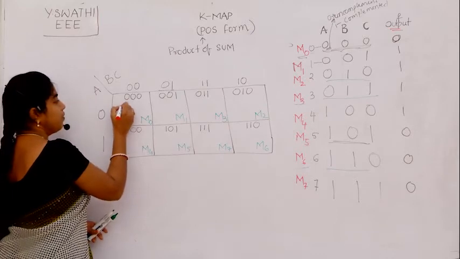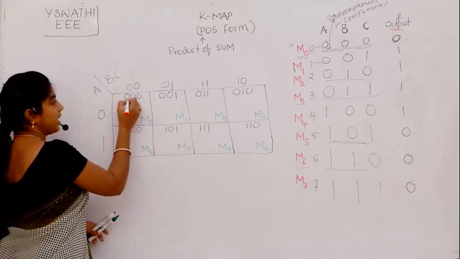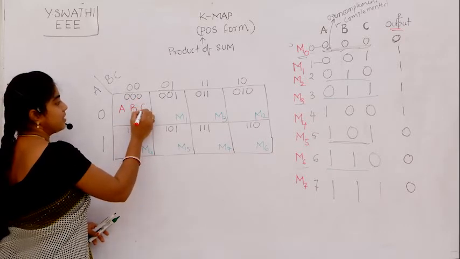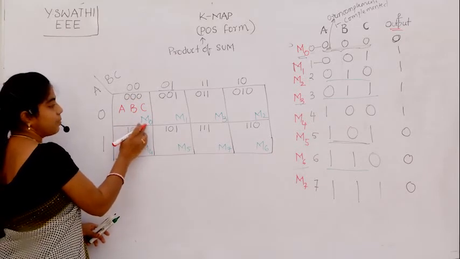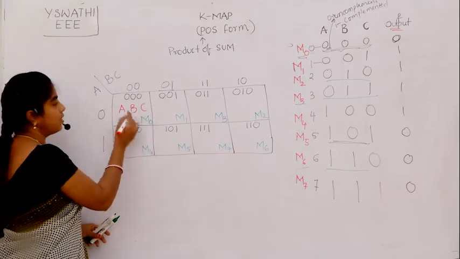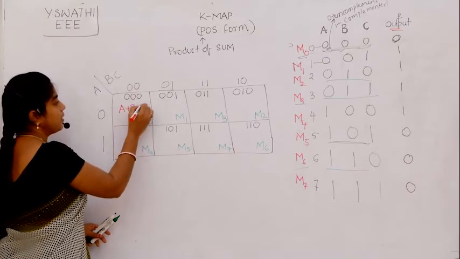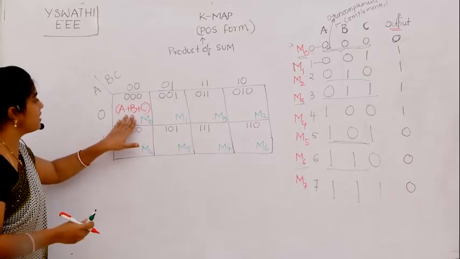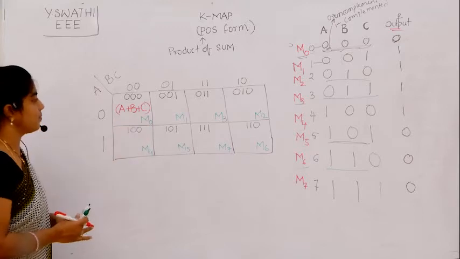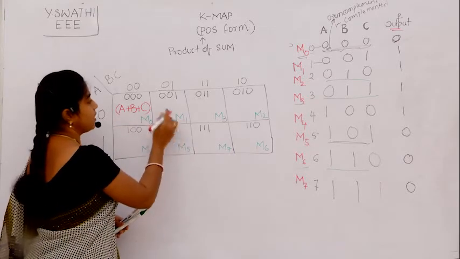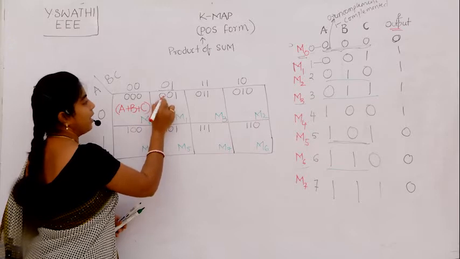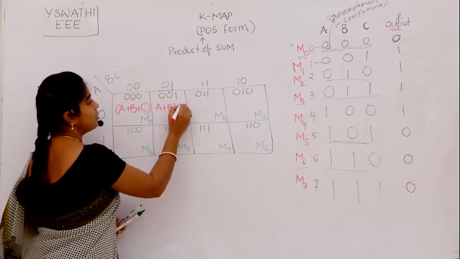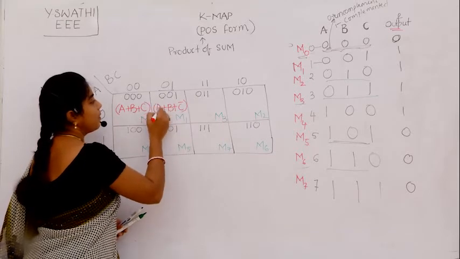So here we can write A, because A is 0 here, and B, and C is also 0 here, C. And as it is a max term combination, we should sum them. So this max term M0 represents A plus B plus C. The next max term M1 is A plus B plus C complemented.